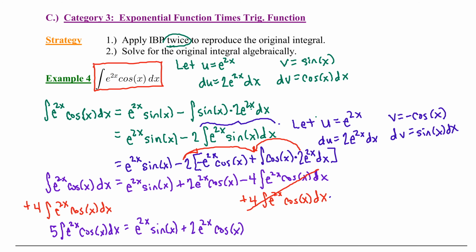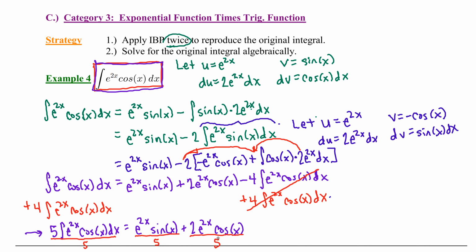Don't forget to keep an eye on the original problem. Our goal is to execute this integral. We want to know what's the integral of e to the 2x cosine of x. At this time, we have 5 times that integral. So I'm going to solve for the integral by dividing both sides by 5, or you can think of it as multiplying each term through by 1/5. So I'm simply going through and dividing all of those terms by 5.